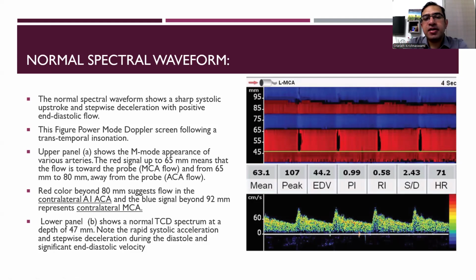And a red color beyond 80 millimeters shows flow towards the probe, which is the contralateral anterior cerebral artery, and beyond that, further on, is an indication of the contralateral middle cerebral artery. So if you look here, you can see a normal TCD spectrum at a depth of about 47 millimeters, with rapid systolic acceleration and stepwise deceleration.